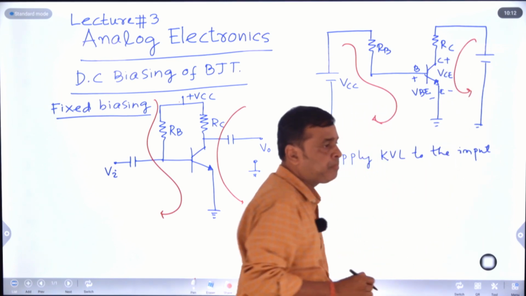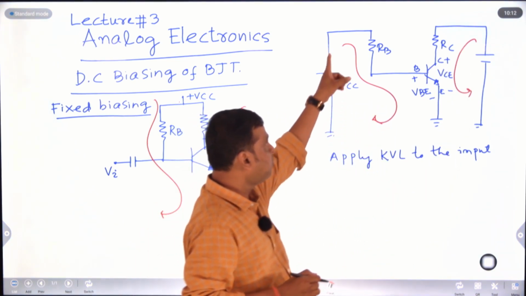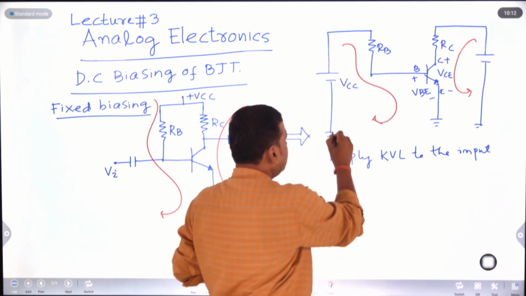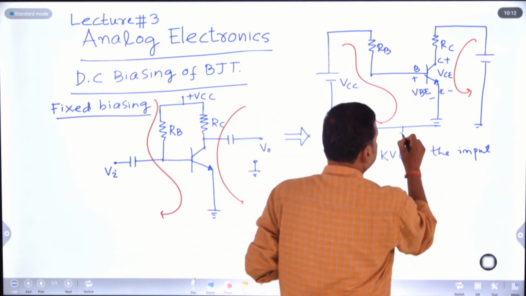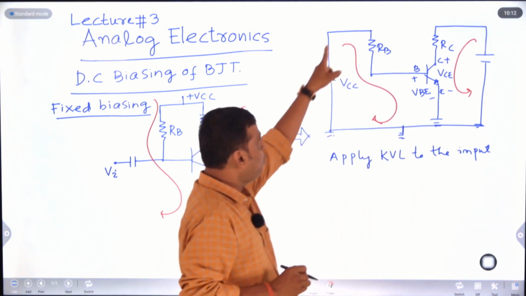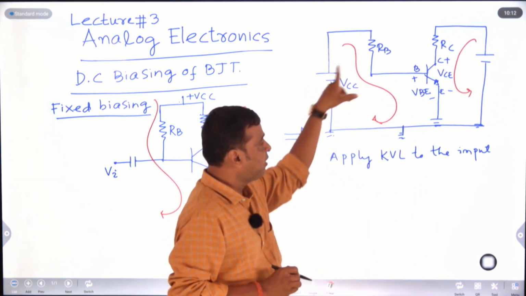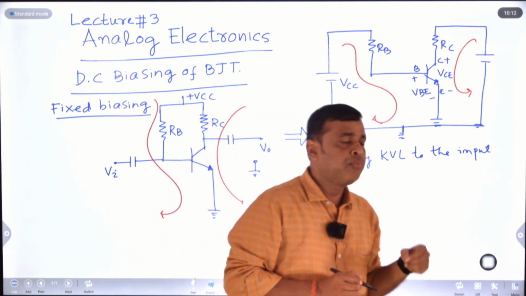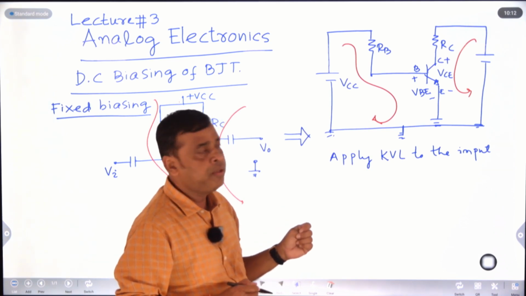This is your VCE. So apply Kirchhoff's voltage law to the input. All this potential is the same, and this is common grounded, so this is a closed loop. If we go from plus to minus, we take minus; if we go from minus to plus, it will be plus.